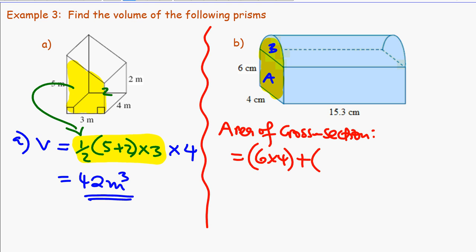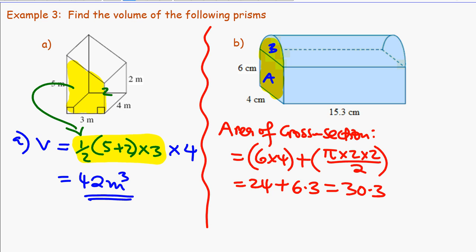And the area of B, it's a half circle, so that will be pi multiplied by 2 multiplied by 2 divided by 2. So that will be 24 plus 6.3, which gives me 30.3 centimeter squared.